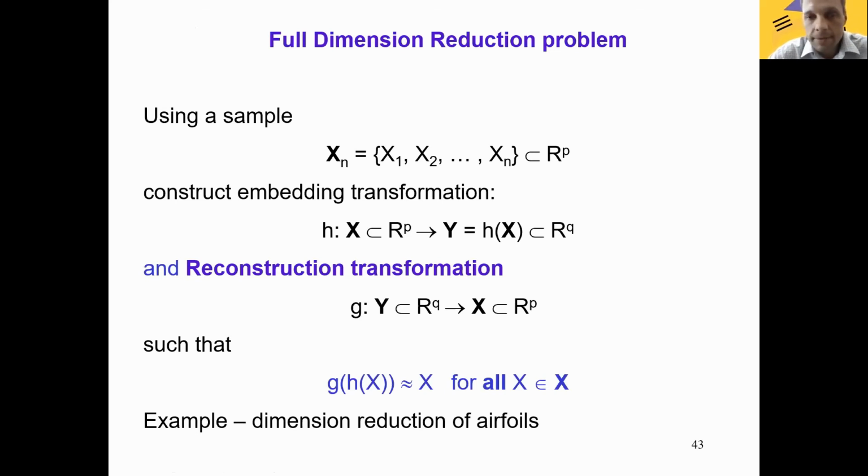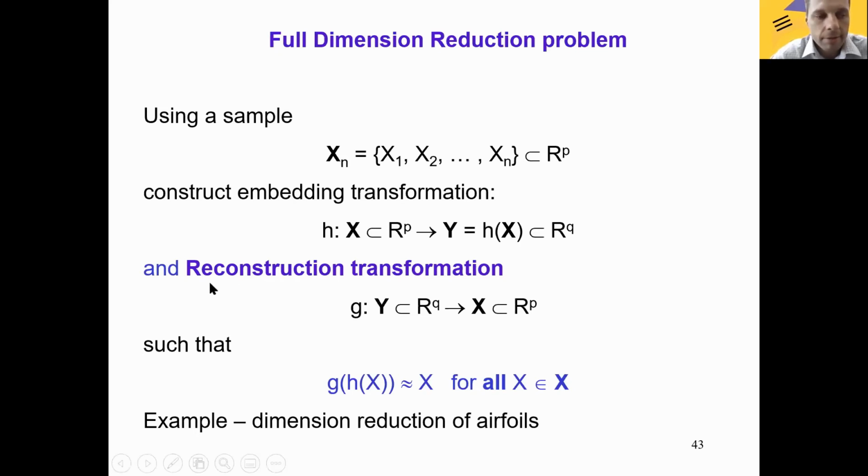First of all, let us formulate a full dimensional reduction problem. This formulation is the most general one. So we have a sample x1, etc., xn of p-dimensional vectors, and we would like to construct an embedding transformation H that for any x returns a vector y of lower dimension.